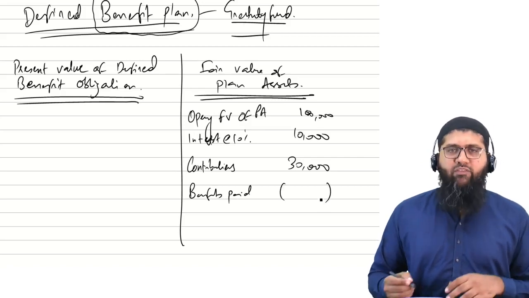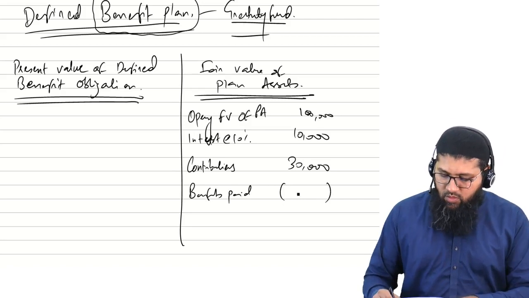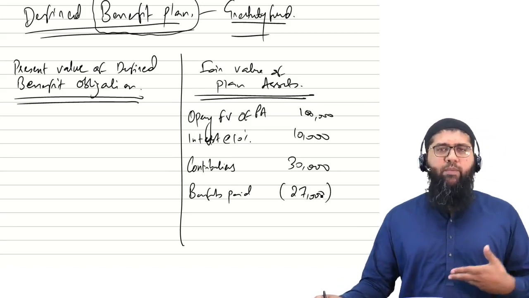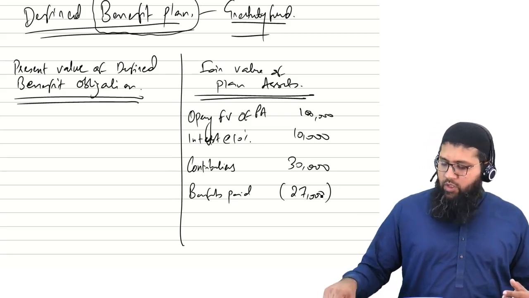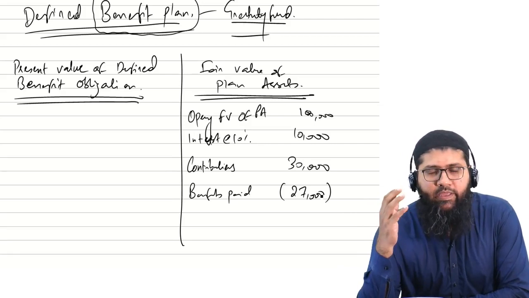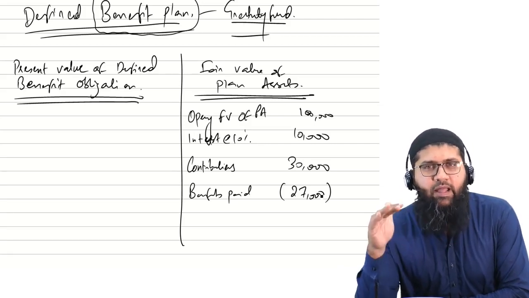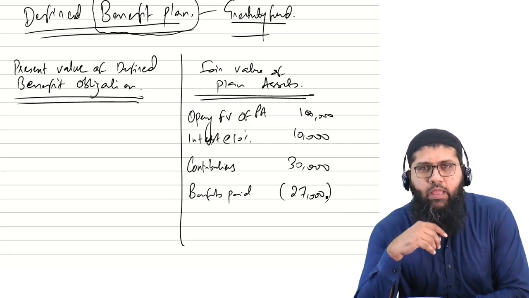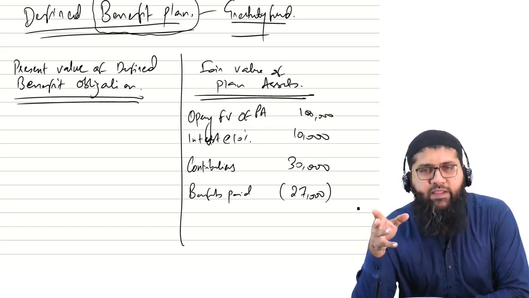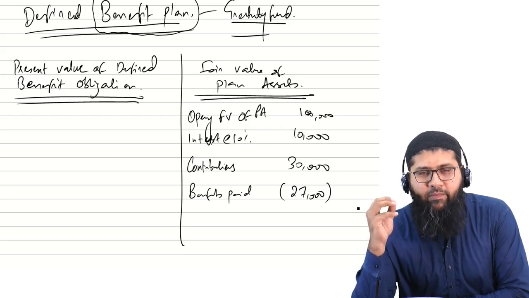The employees who left the company during the year were paid 27,000. The outgoing employees were paid 27,000. So if you could think of the assets, we had 100,000 as an asset. Then we expect a 10,000 return on those assets. Then the contributions of 30,000 are being made into the fund.